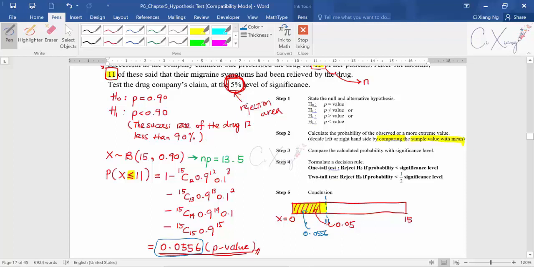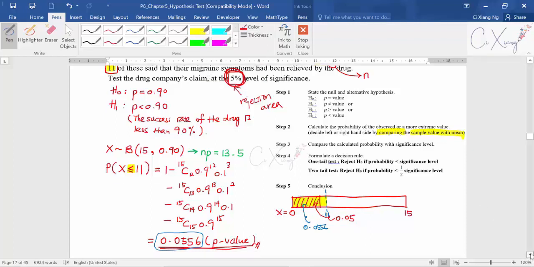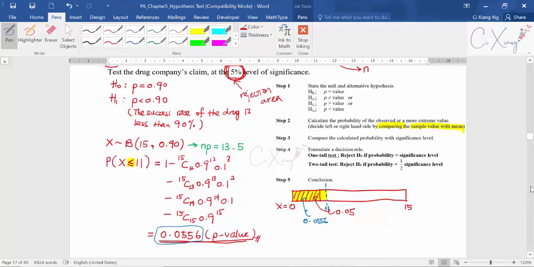Then you look at this 11 here. The 11 falls outside the rejection region already, because only the red color part here is the rejection region. So 11 falls outside the rejection region, therefore it is in the acceptance region. Since you already know that it falls under the acceptance region, you can make a conclusion now at step number 4. Step number 4 is the decision, which is to not reject the null hypothesis.